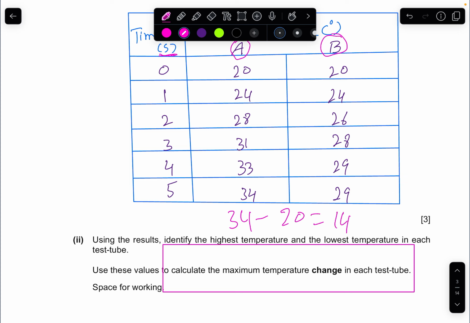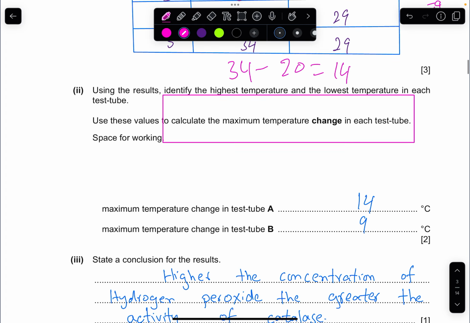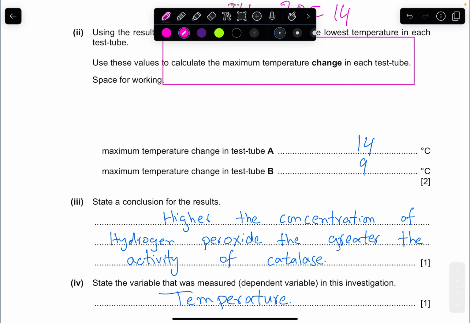If you do the same for test tube B, the maximum is 29 and the minimum is 20, that is 9 degrees.